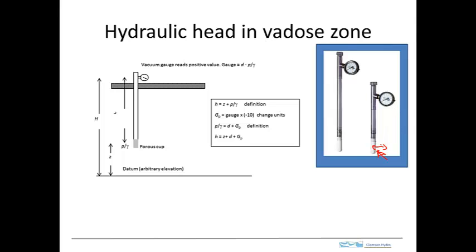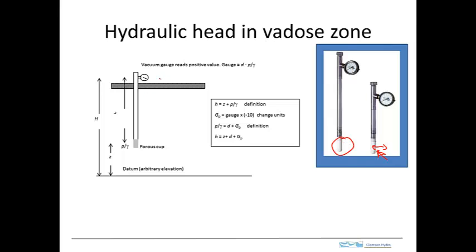But we don't exchange air. This ceramic prevents the entry of air, at least up to fairly moderate soil suctions. And so we can use this thing to measure the pressure head at the porous cup. And if we know the pressure head, then we can determine the total head by adding in the elevation head.